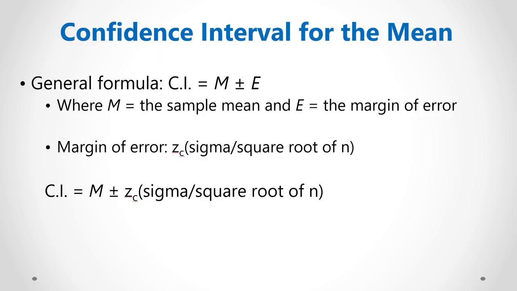Now the question is, how do we construct a confidence interval? The formula to construct a confidence interval is as follows. Sample mean plus or minus z critical times sigma divided by the square root of n, or sample mean plus or minus a margin of error.